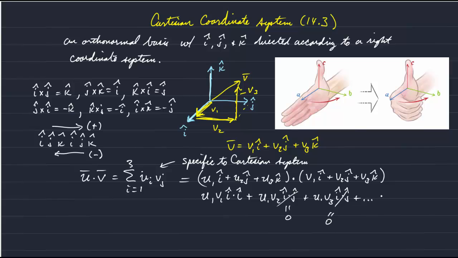We would carry out that multiplication, and the only terms that would be left are when we're dotting each of the unit vectors with itself.